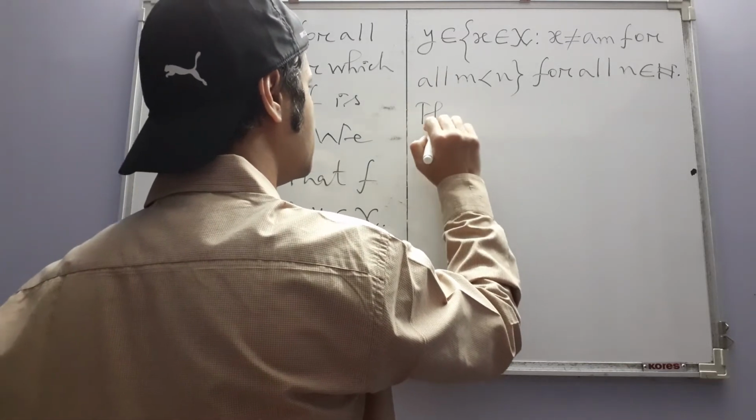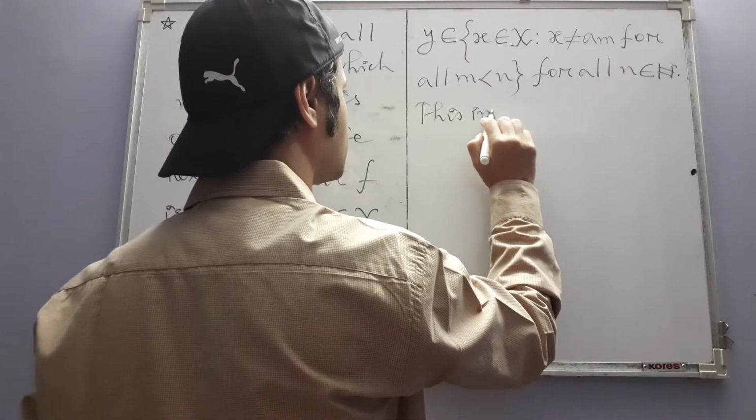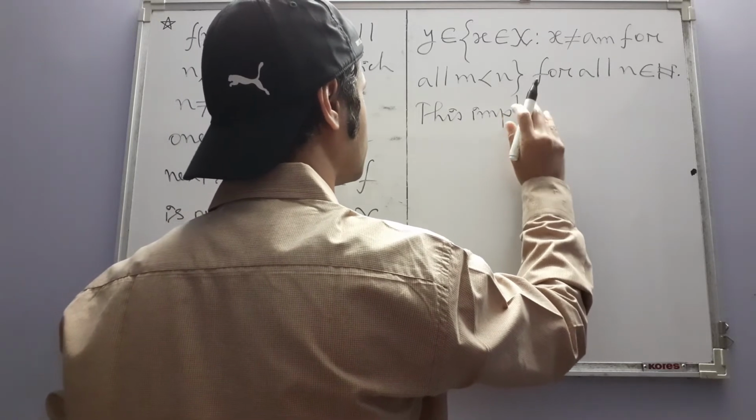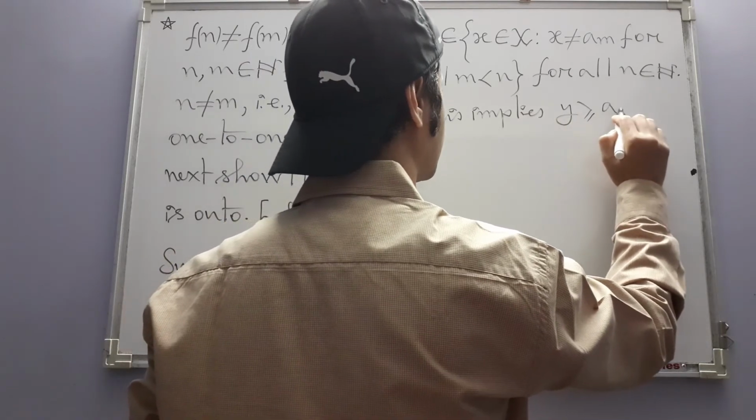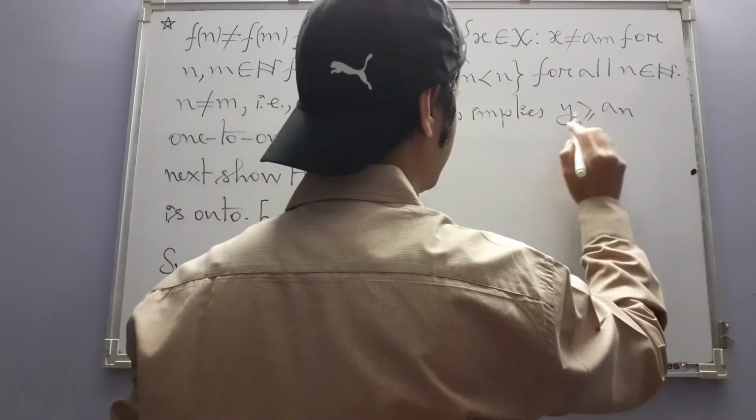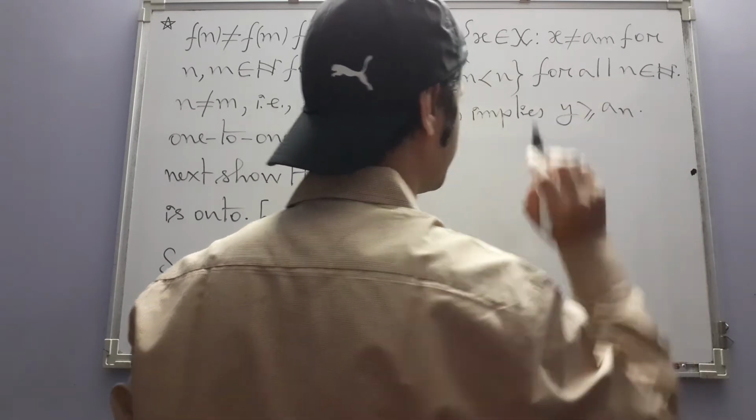So this implies y is greater than or equal to an, simply because an is the minimum and y is an element in this set.